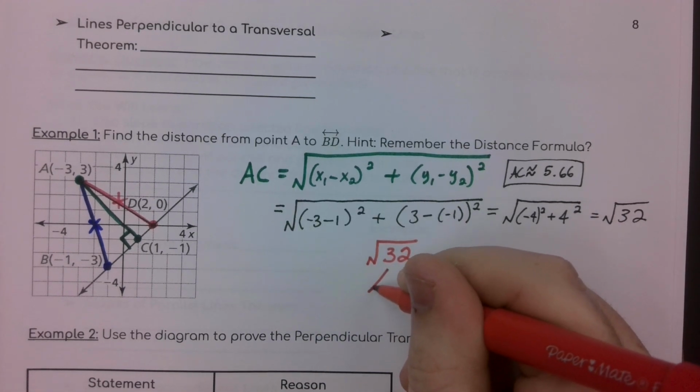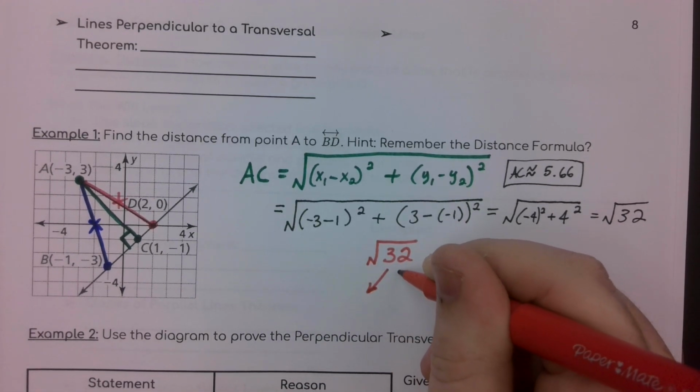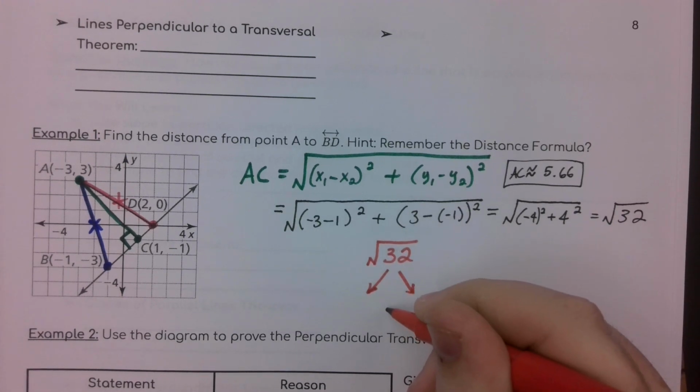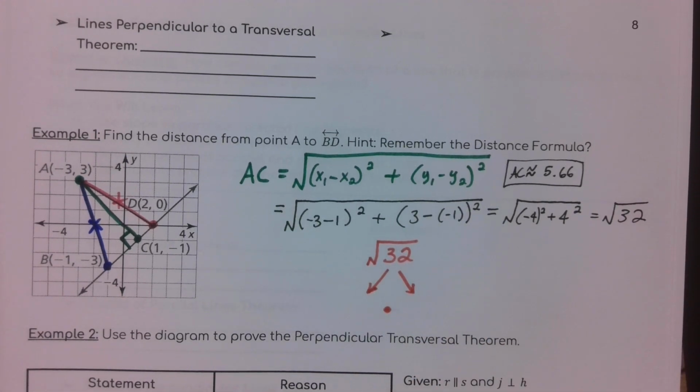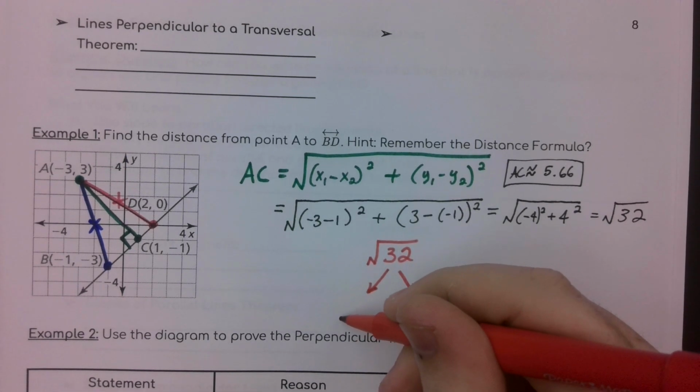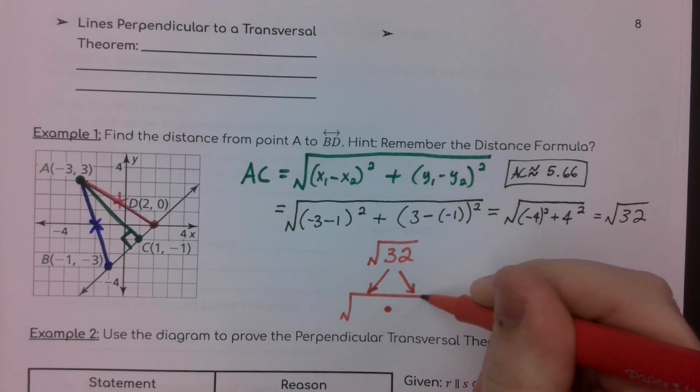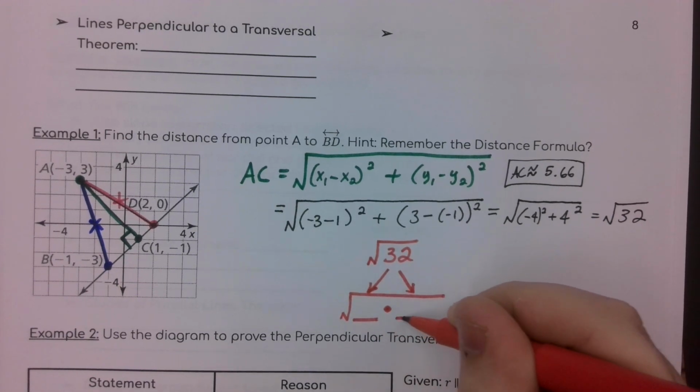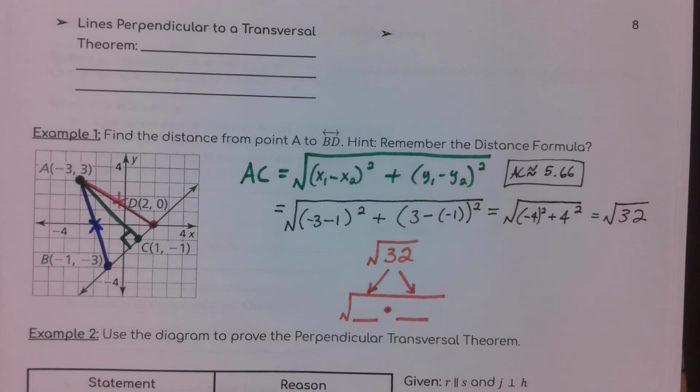You are going to split it into 2 other square roots, who, when multiplied, will equal 32. So essentially, I'm thinking of 2 numbers that multiply to make 32. Here's the catch. One of the 2 numbers has to be a perfect square.